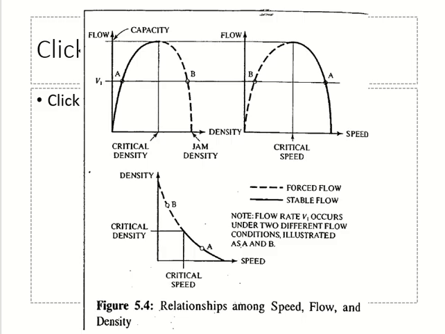Clear? So this region, the solid one, is called stable flow because vehicles are moving smoothly. They are on the road, but they are not blocking each other. Blocking in the sense that they are not stopping each other. Obviously, the speed will not remain the same.